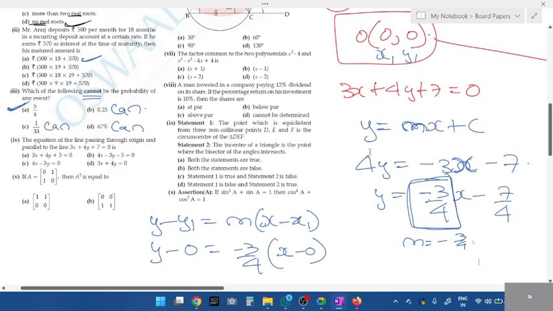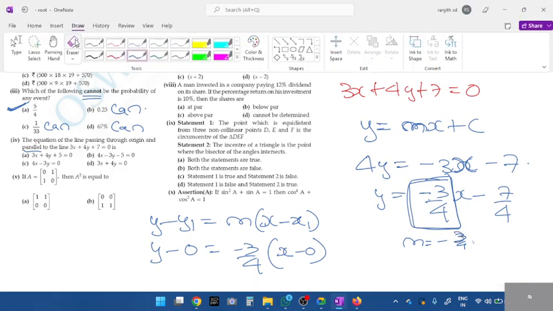All of you are done till here. Okay, look here. Origin was given, students. Remember the word origin, 0, comma 0, and parallel to the line. Okay, I forgot the word. Is it parallel or perpendicular? Parallel. If it is parallel, what will be the value? Minus 3 by 4 will be the same, right?